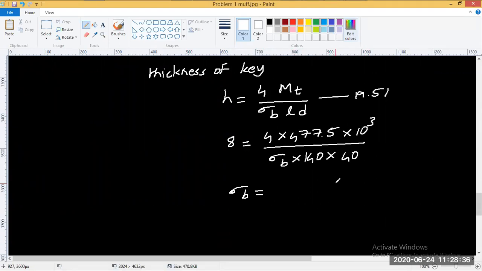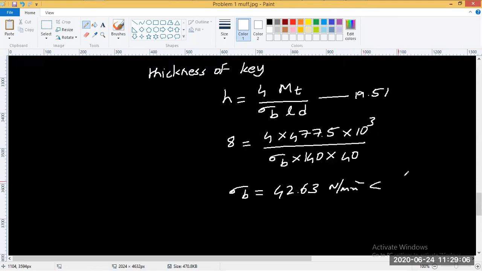So 4 into 477.5 into 10 power 3 divided by 140 into 40 into 8. Yes, you're right, it's 42.63 Newton per mm square.